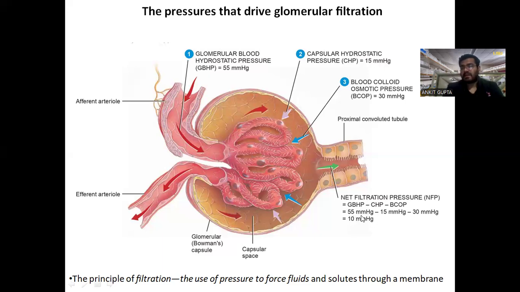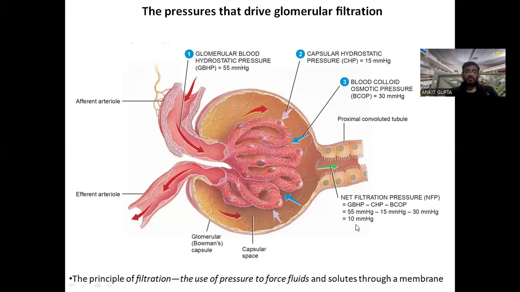We have to subtract because these two are opposing pressures, capsular hydrostatic pressure and blood colloidal osmotic pressure. These two are negative pressures, and GBHP, that is glomerular blood hydrostatic pressure, is the pressure driving the filtration. So we have to subtract these two from this one. Ultimately, the net filtration pressure which we get is 10 mmHg.